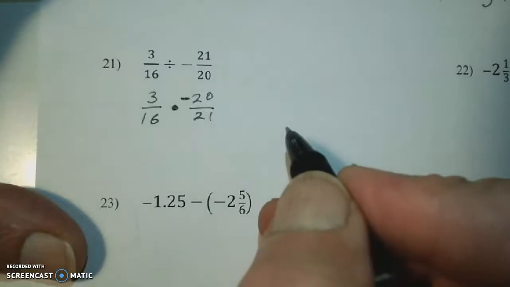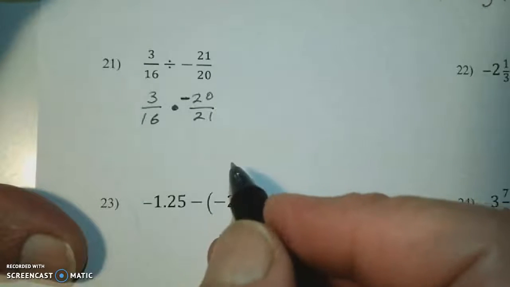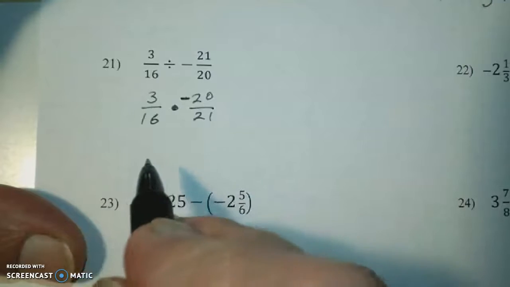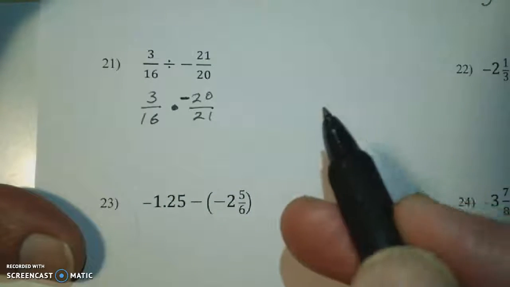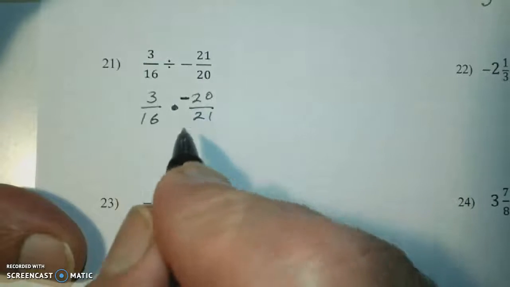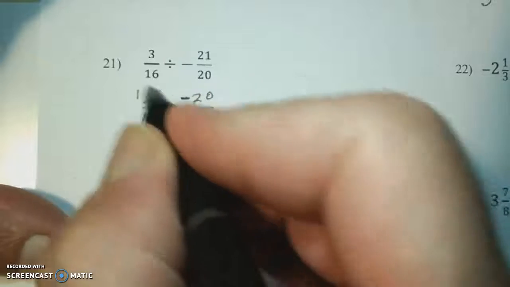Now that it's multiplying, you can reduce before you multiply. You're looking for one number in the numerator and one number in the denominator that both can be divided by the same thing. So 3 and 21 can both be divided by 3. The 3 becomes a 1.